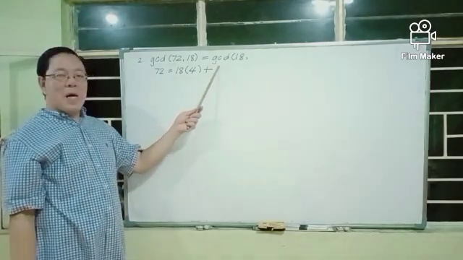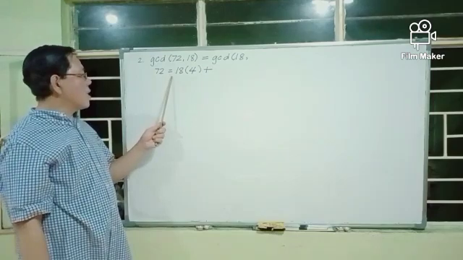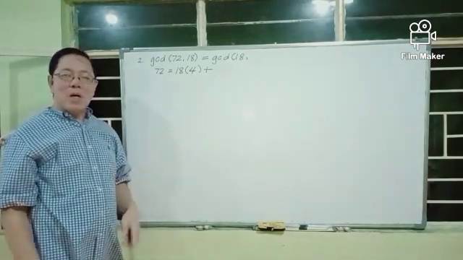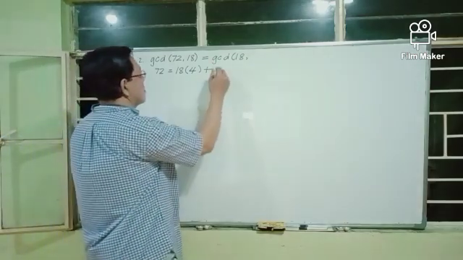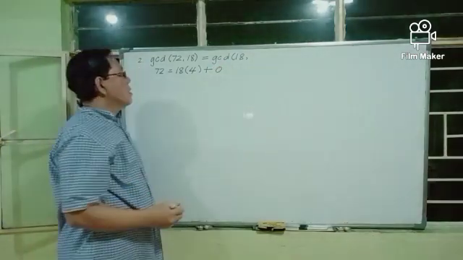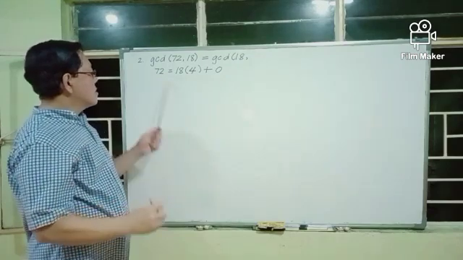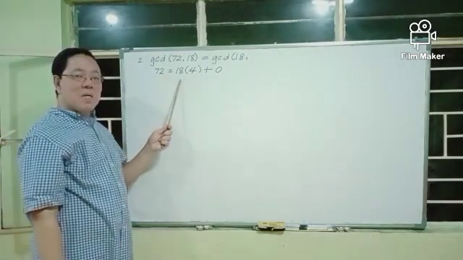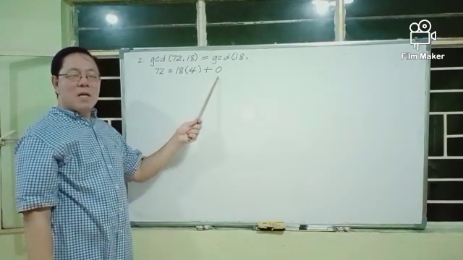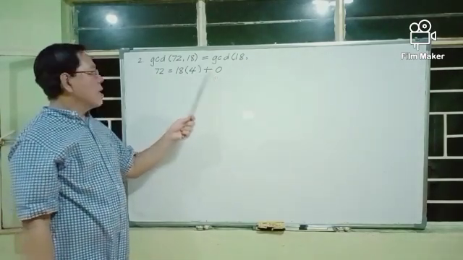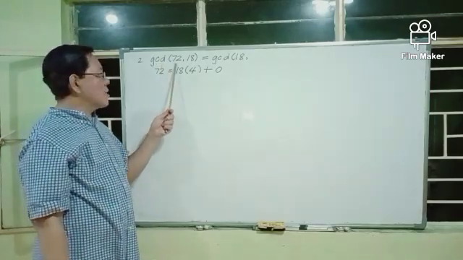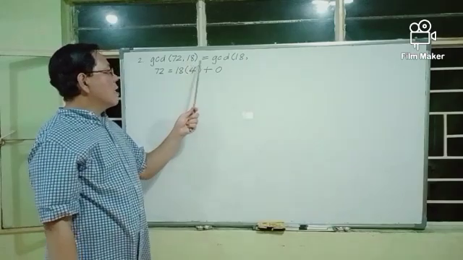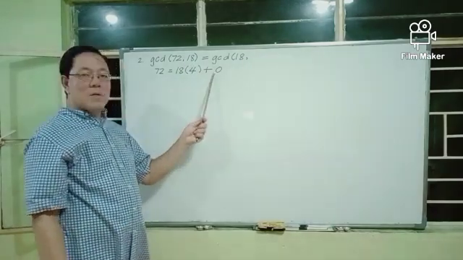So the constant to be added here is 72 minus 18 times 4, or 72 minus 72, which is 0. This equation is of the form A equals B times Q plus R. Therefore, R is 0. And the greatest common divisor of 72 and 18 equals the greatest common divisor of B, 18, and R, 0.